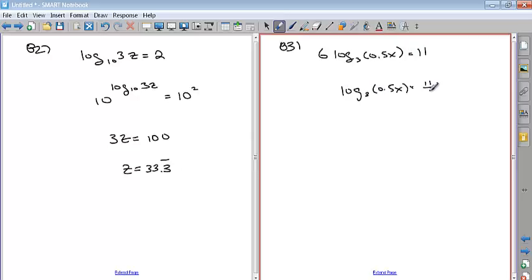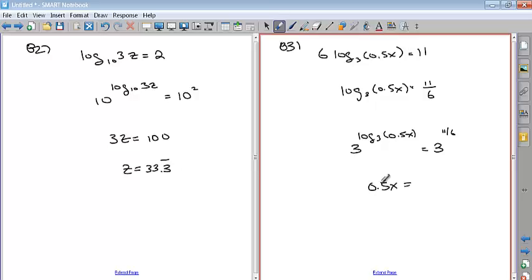So you get 11/6. And then you make these the exponents. So it's 3 to the log base 3 of 0.5x is equal to 3 to the 11/6 power. The left-hand side, 3 to log base 3 of something is just the something.